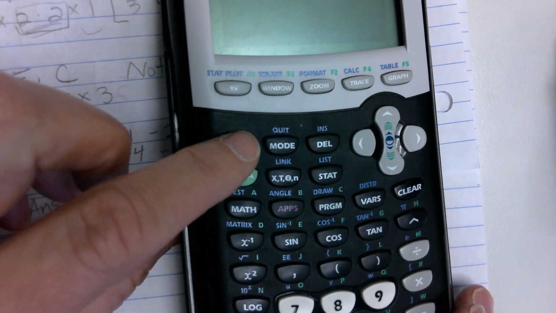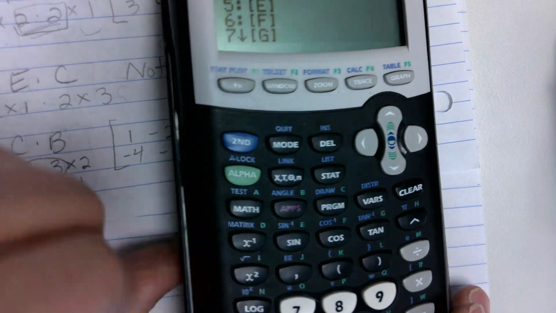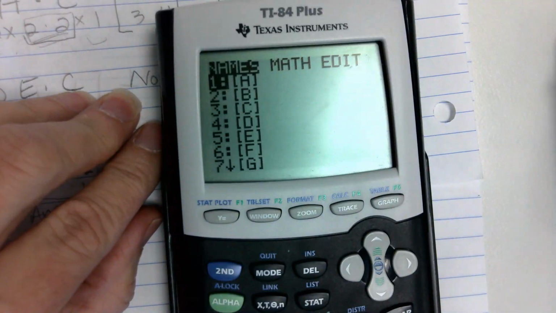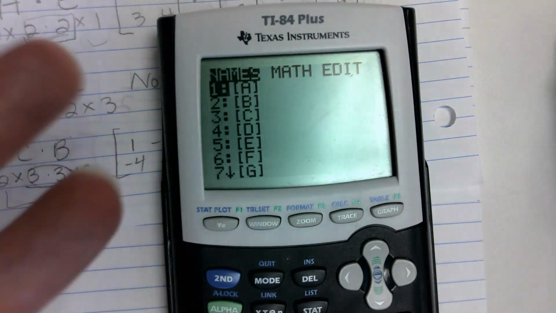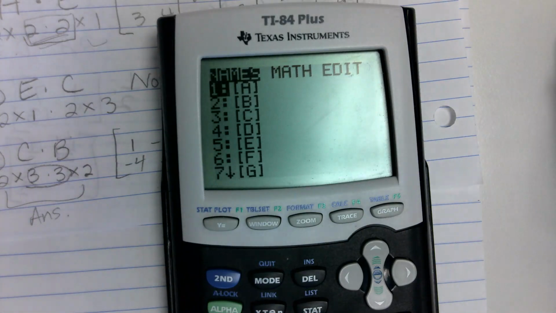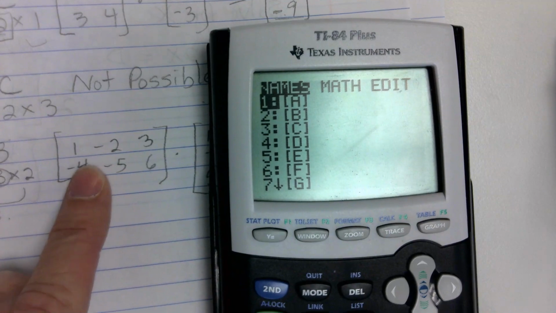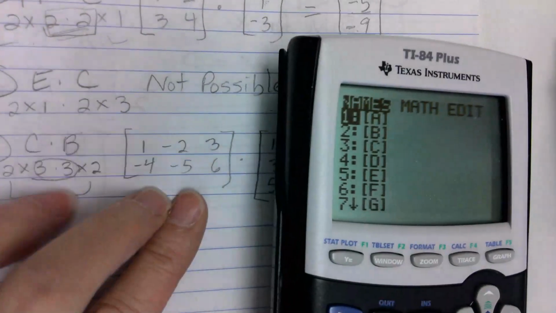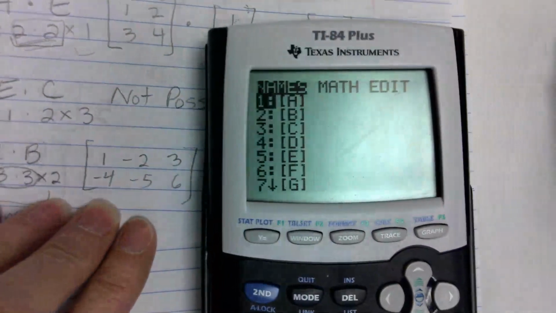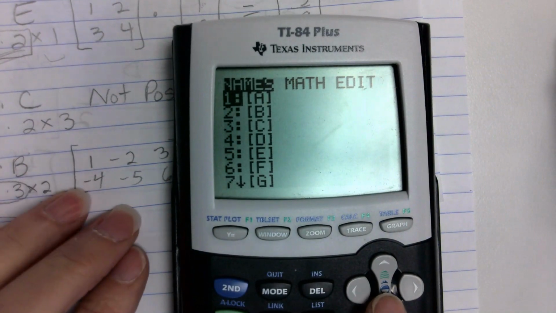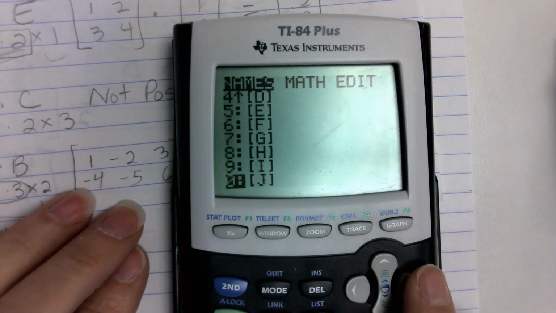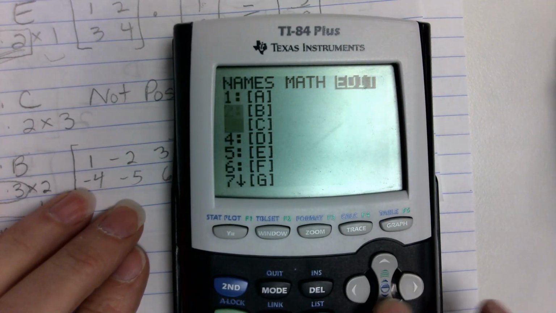If we go second, that X to the negative 1 button, then these little brackets show matrix A. If we want to do C times B, I think you have to go over to edit first. Edit matrix C.